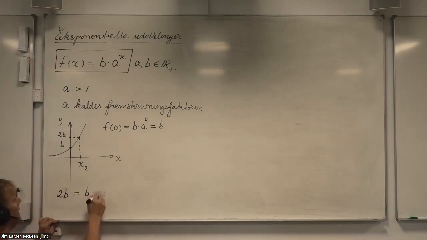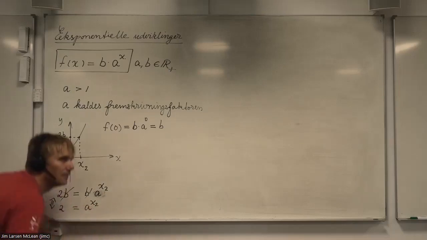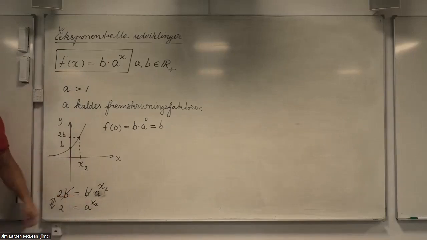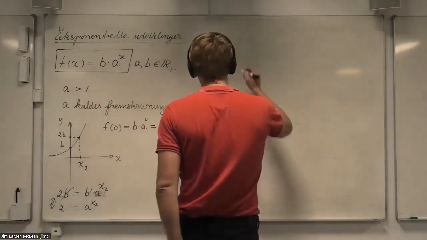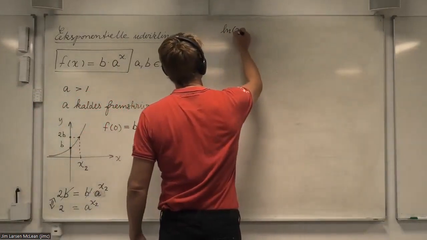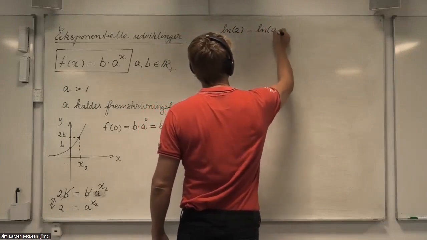We can see that we can divide the b away. So what we now have is that 2 equals a raised to the power of x2. And if we want to find an exponent, we need an exponent finder, which is a logarithm. So I take the natural logarithm on both sides, assuming I only have a calculator with a natural logarithm button. So it will say the natural log of 2 is equal to the natural log of a raised to the power of x2.